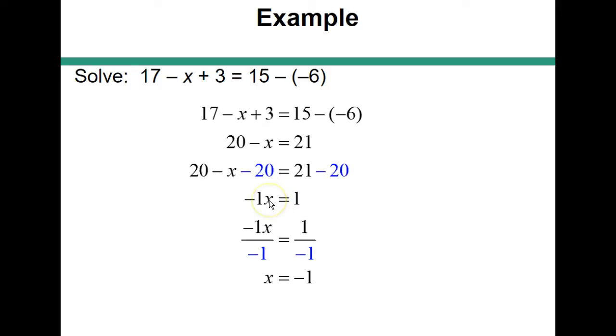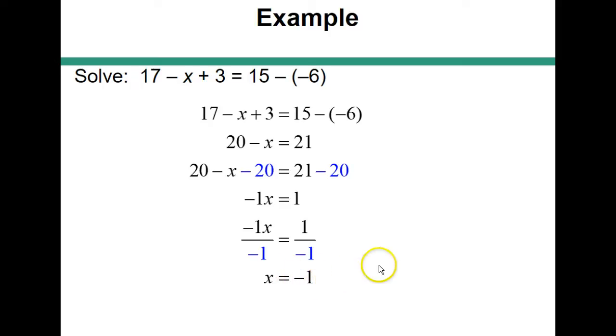And again, you want to solve for a positive x. You do so by dividing by what is in front of the x. That's called the numerical coefficient, which is in a sense, a -1. Divide both sides by a -1. A positive x now equals -1.